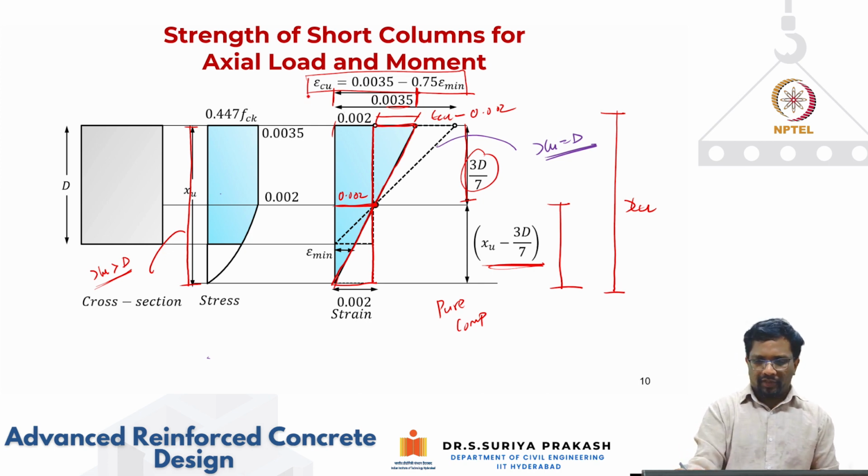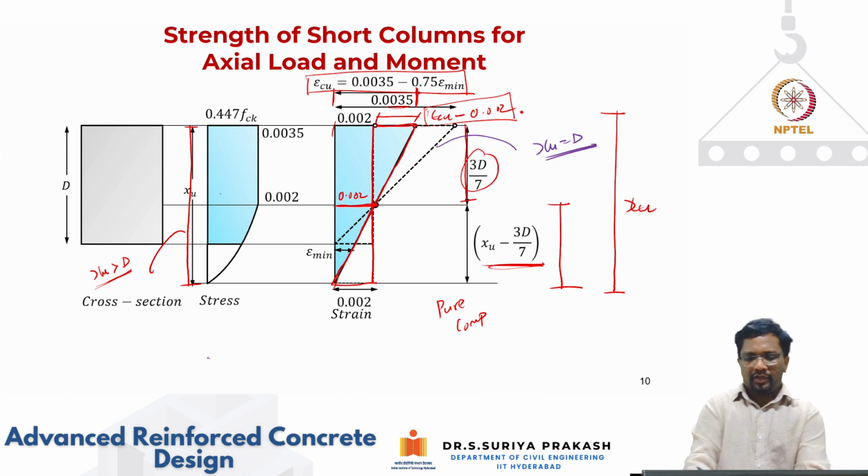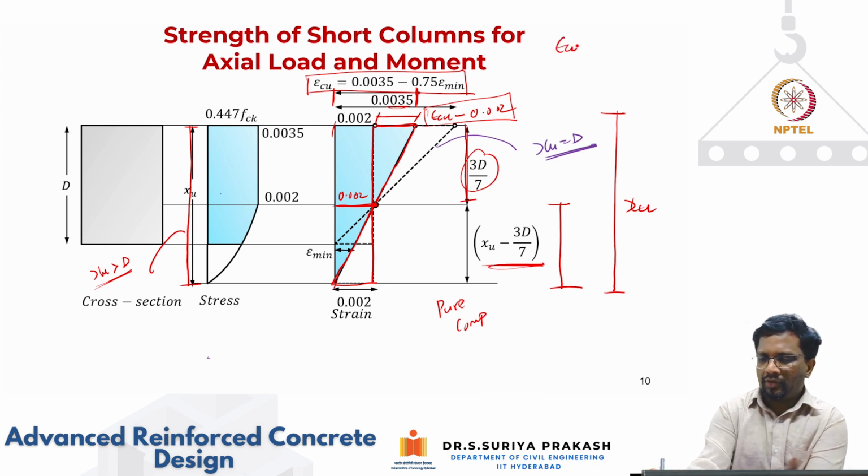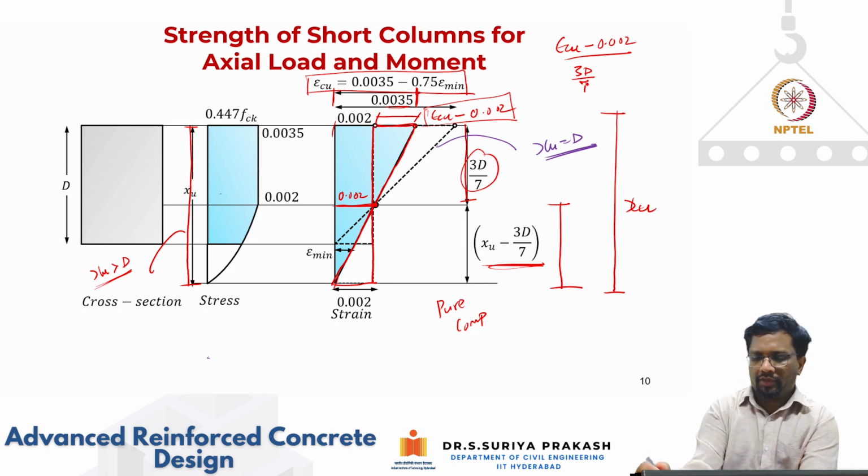Using this distance 3D by 7 and this distance xu minus 3D by 7, you can write that epsilon cu minus 0.002 divided by 3D by 7 should be equal to 0.002 divided by xu minus 3D by 7.